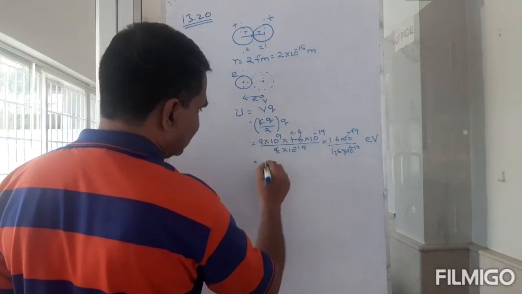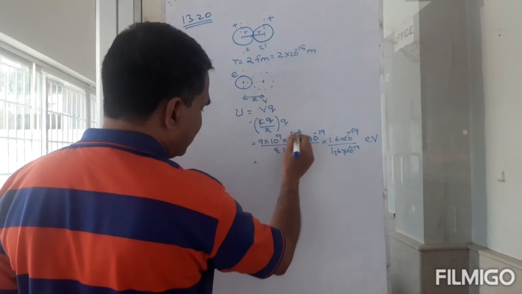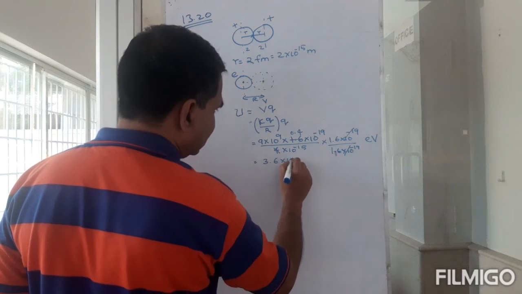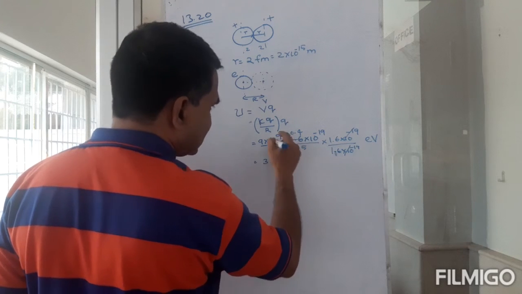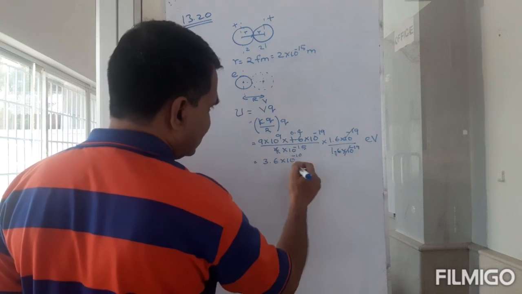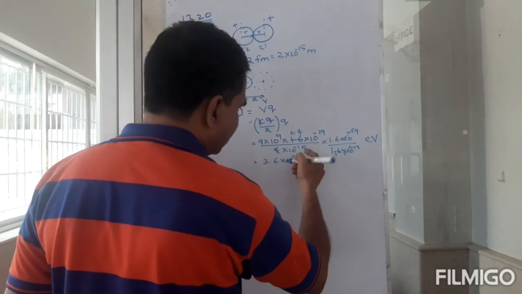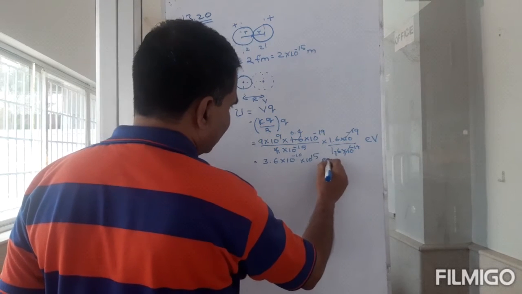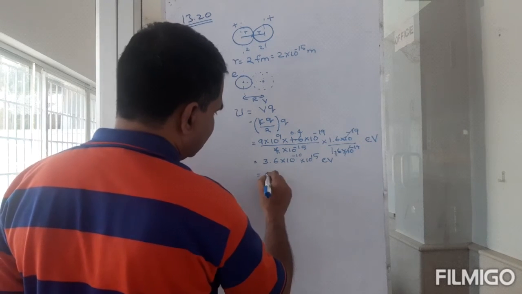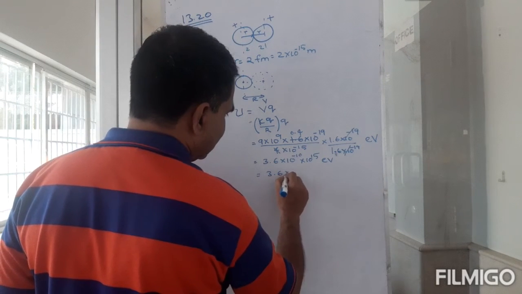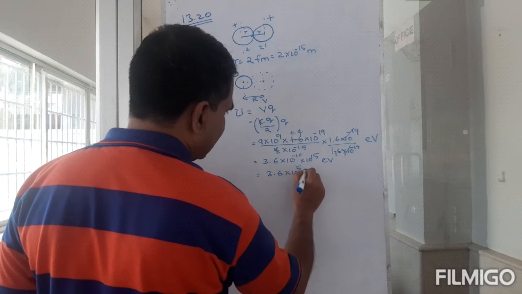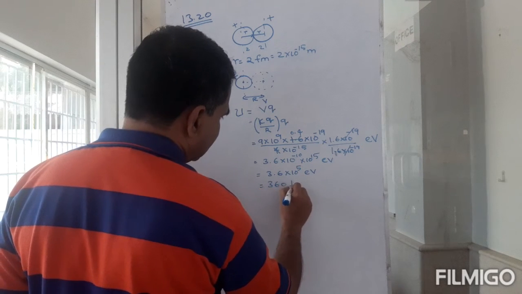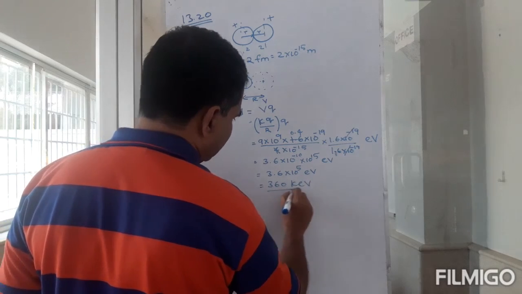So 9 into 0.4 will become 3.6, and the powers of 10 combine, 10 power 9 minus 19 minus 10, then 10 power minus 15 you take, and it will become 10 power 15 electron volt. So that gives you 3.6 into 10 power 5 electron volt, and that gives you 360 kilo electron volt.